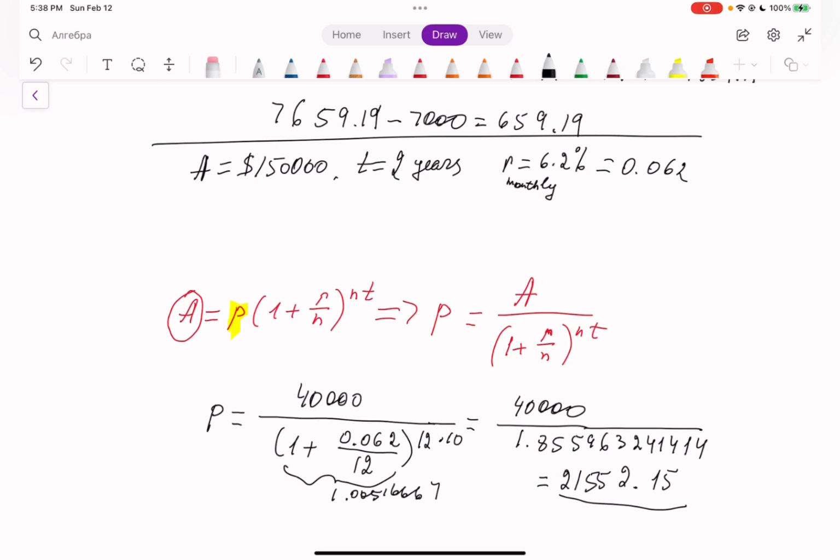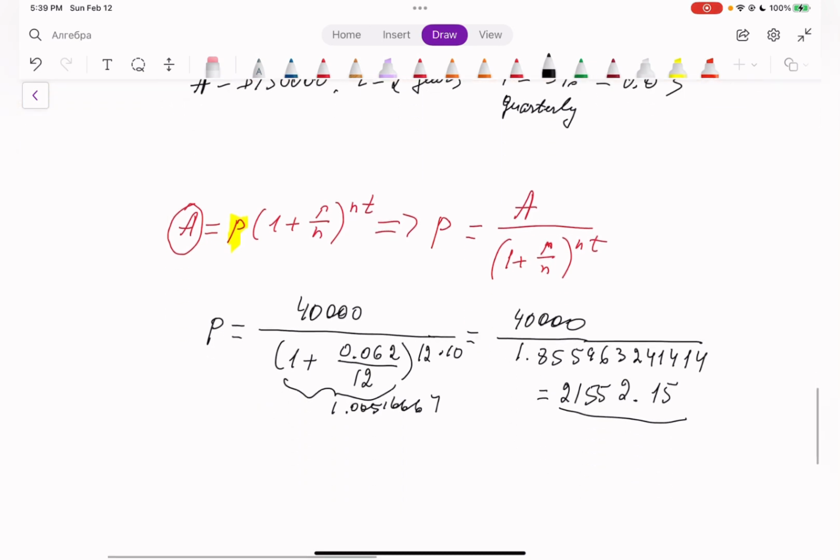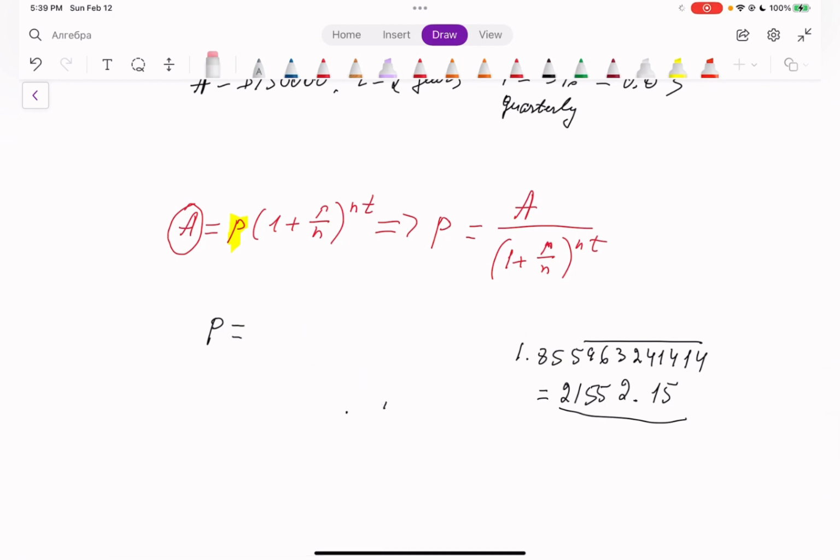Interest is going to be 3%, compounded quarterly this time, so it's 0.03. All right, let's plug in the data and see what we are going to get.